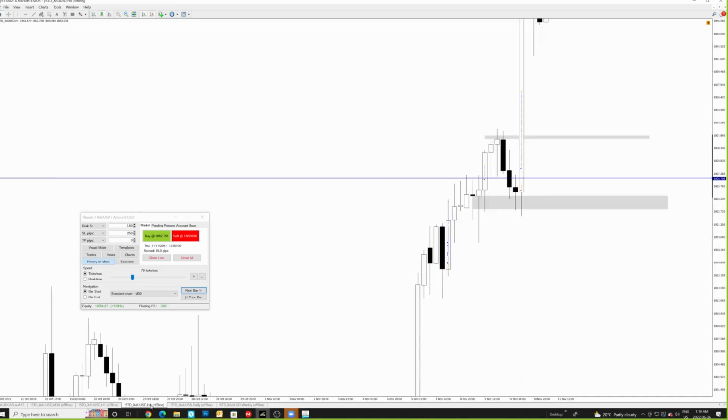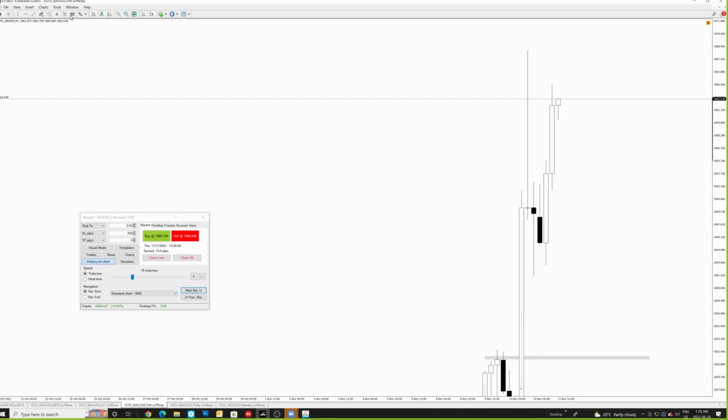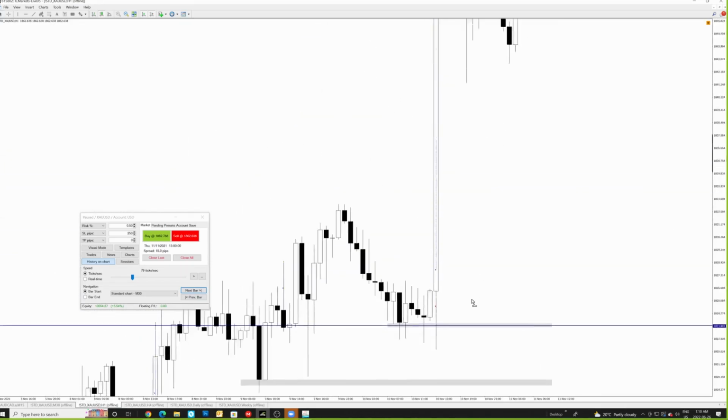So let's take a look on the 4-hour time frame. 4-hour is just pushing up and up and up. We basically created a support, then we had a resistance formed. 4-hour didn't give any importance to this area and continued to move up, probably in anticipation to fill this wick over here, but that's another story. Let's take a look on the 1-hour time frame.